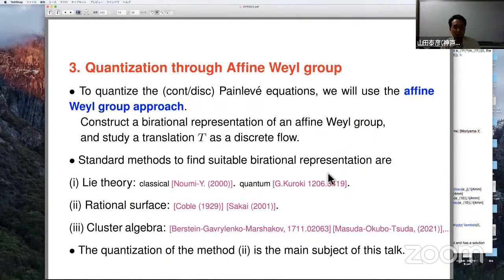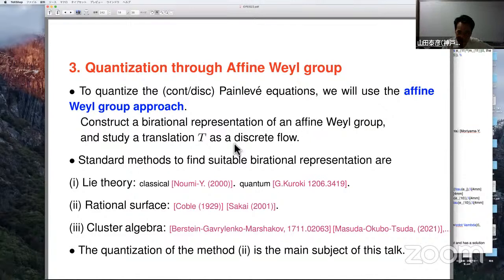So to quantize the continuous and discrete Painlevé equations, we will use the affine Weyl group approach. And the basic idea is, first we construct a birational representation of the affine Weyl group, and then study a translation T of the Weyl group as a discrete flow.